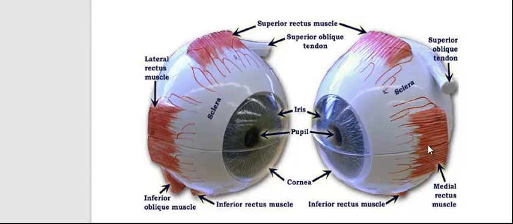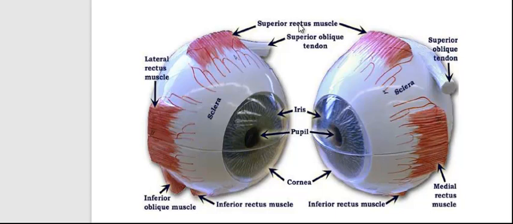In the front of the sclera, you have a different protein, and it's actually going to allow the front of the eye to be transparent. We call that part the cornea to differentiate it from the white of your eye, which is the sclera. Now, let's look at these muscles.